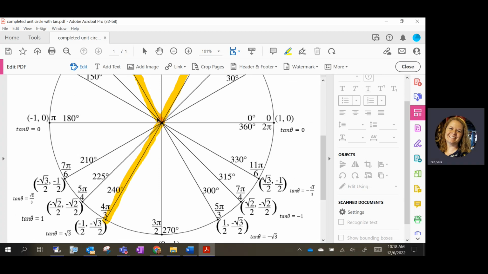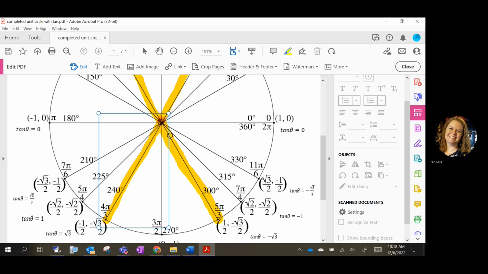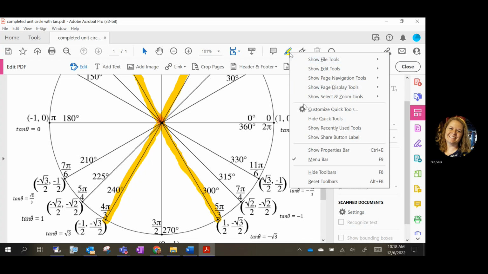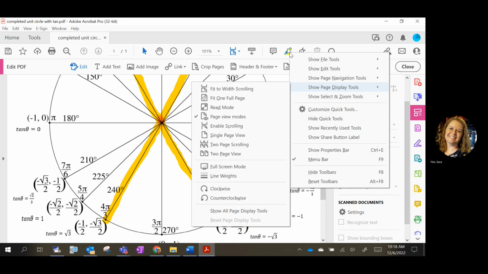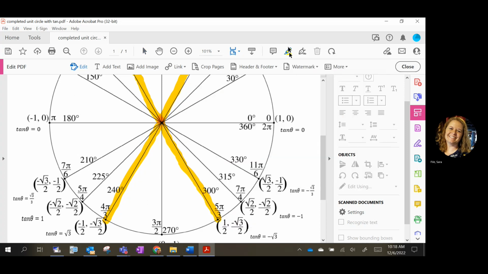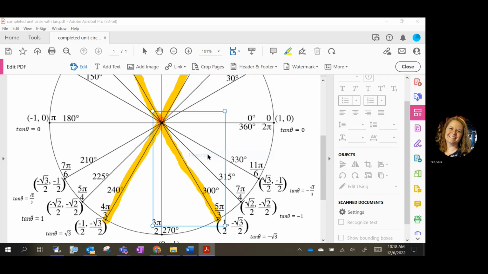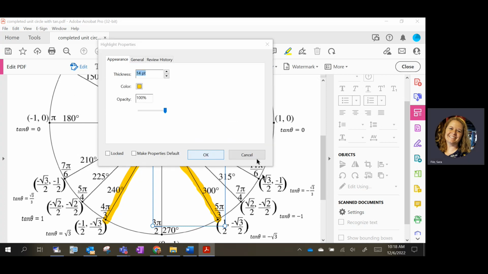You can see I'm doing all of the 60-degree reference angles in one color. Now, I don't know if it'll let me switch my color here. Oh, it will let me.